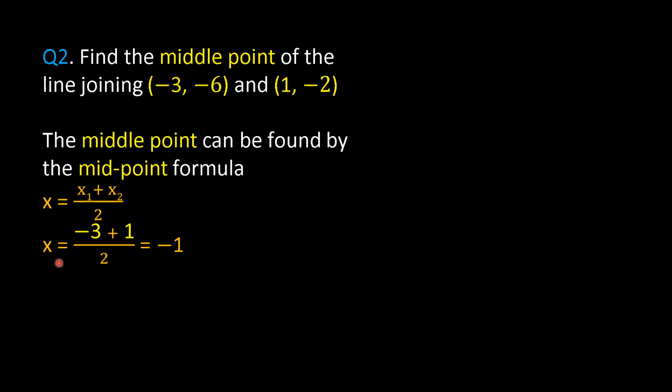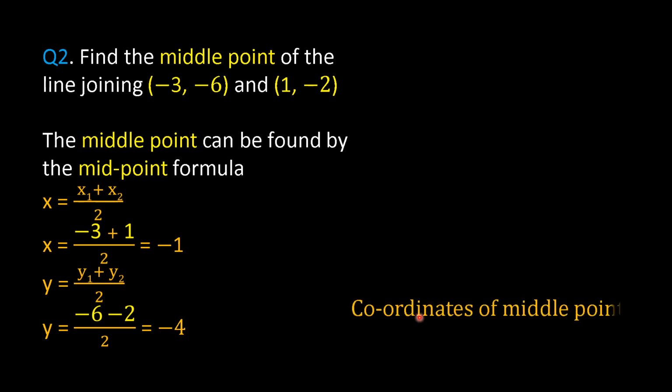So the x coordinate will be -1. Y coordinate is (y1 + y2) by 2, that will be (-6 + -2) by 2, that will be -8 by 2, that is -4. So the y coordinate will be -4. Therefore, the coordinates of the middle point will be (-1, -4).